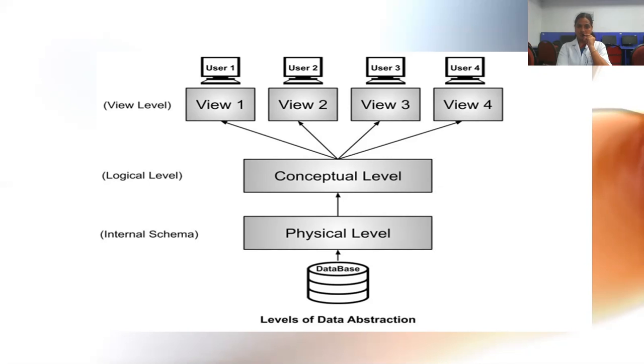In the logical level we have the entire database, and from that, only the related information the user needs is shown to them. That is called the view level. So in the view level, the data has the highest level of abstraction.